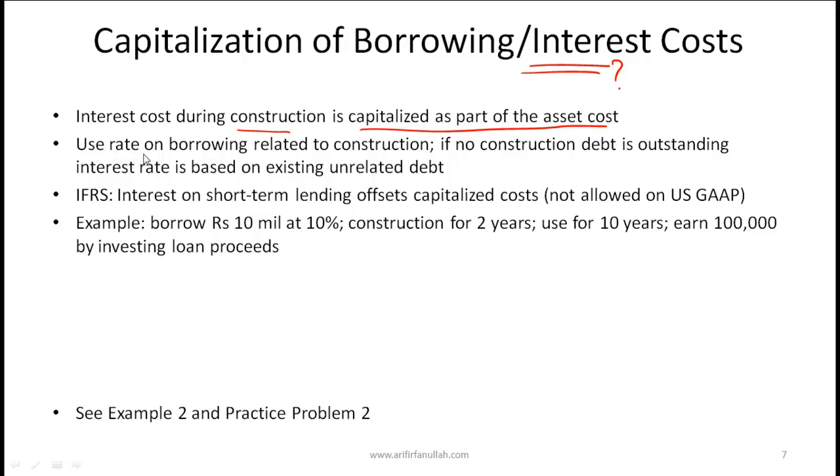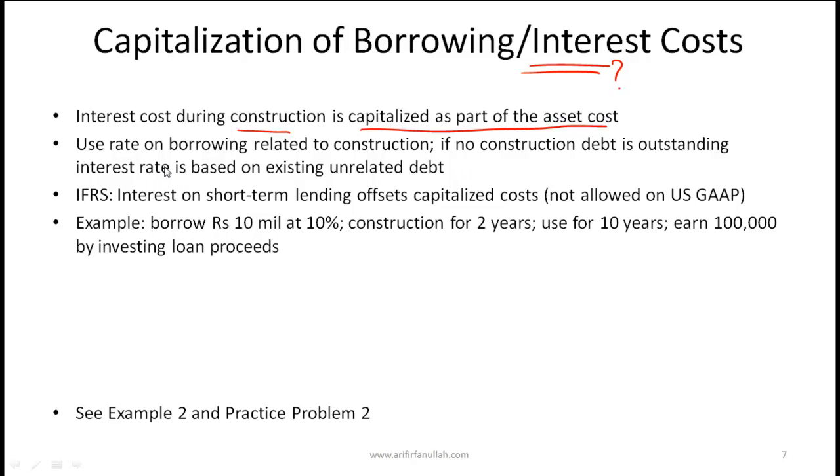So the question is what interest rate to use, and the answer is that you should use the rate on borrowing related to construction. If you borrow 10 million to construct and you are paying 12% on that borrowed money, then you use 12%. If no construction debt is outstanding, so you don't have any debt specific to that construction, then you can use an interest rate based on existing unrelated debt.